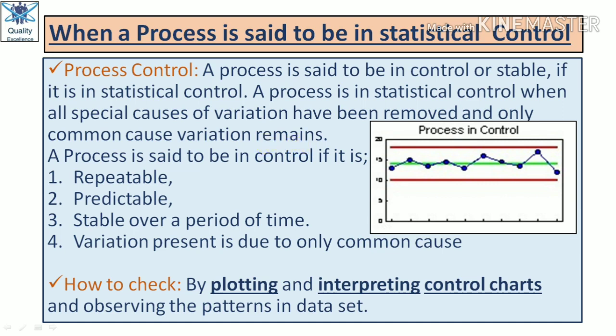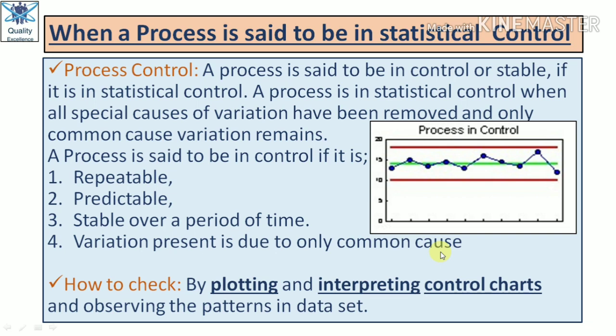If you want to better know what is special cause and common cause, you can refer to my video of SPC. I'll post it on the end screens, so you will get a link from there also. So a process is said to be in control if it is repeatable, predictable, stable over a period of time, and variation present is due to only common cause.